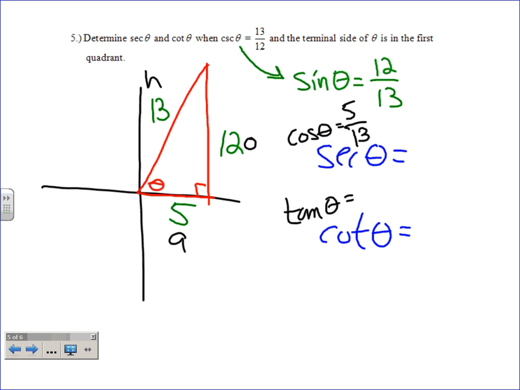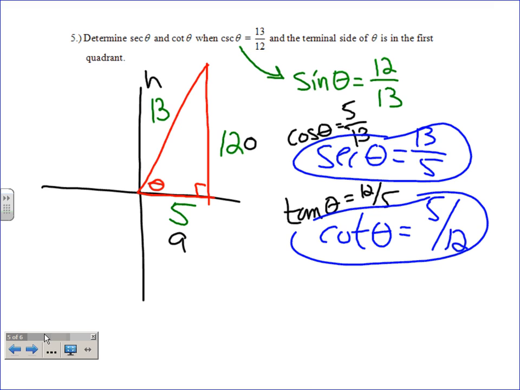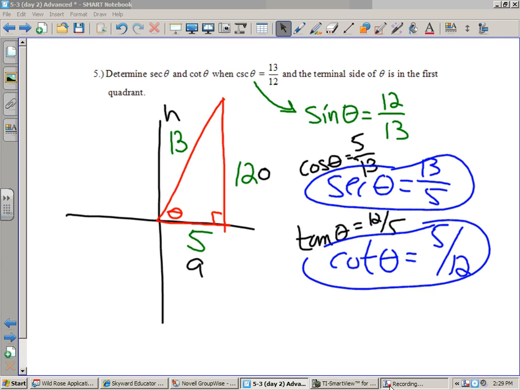Is that your answer? 13 over 5. Tangent is opposite over adjacent. So you flip it, 5 over 12. Any questions? All right, try the next one.